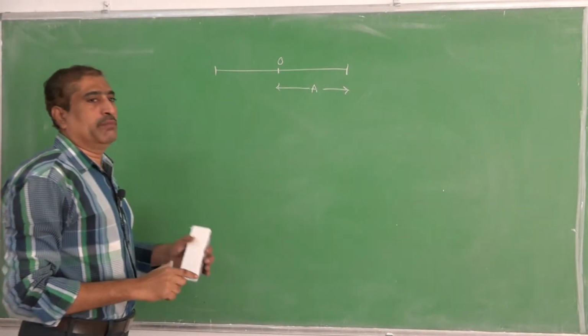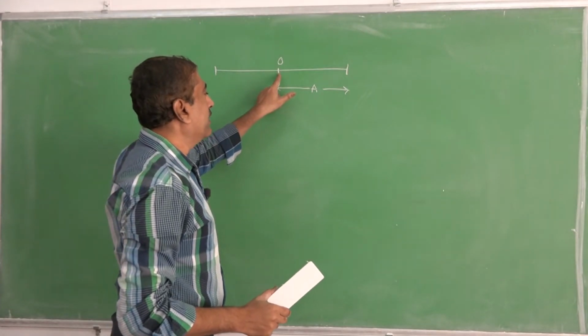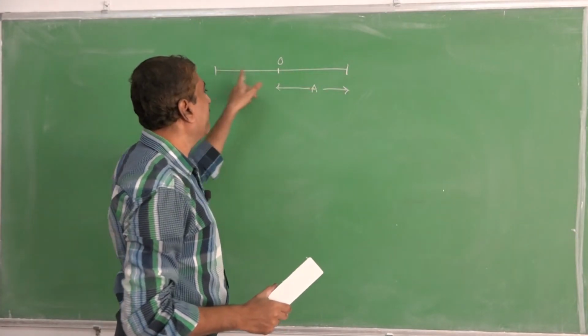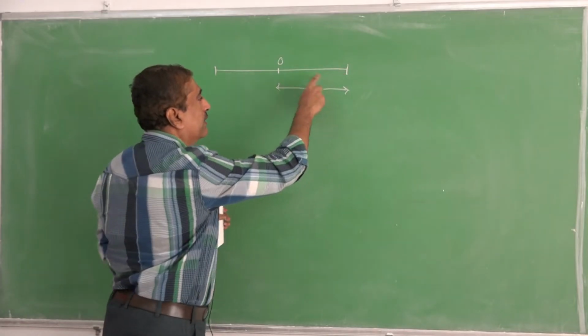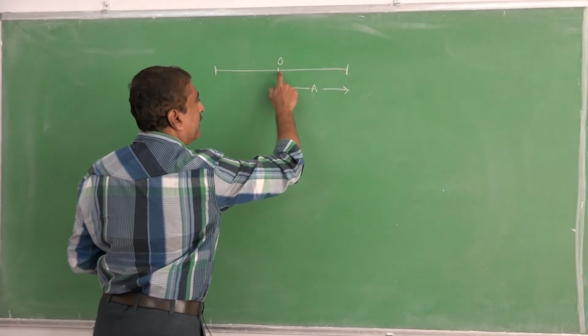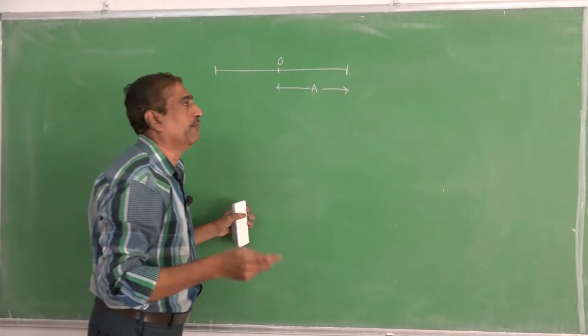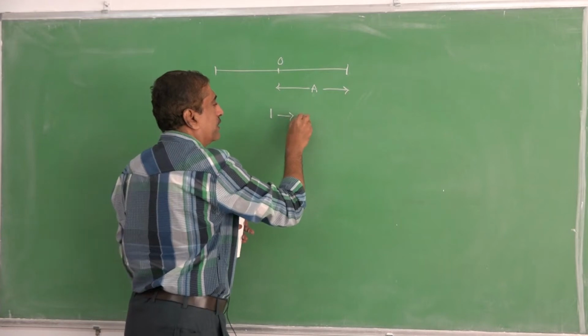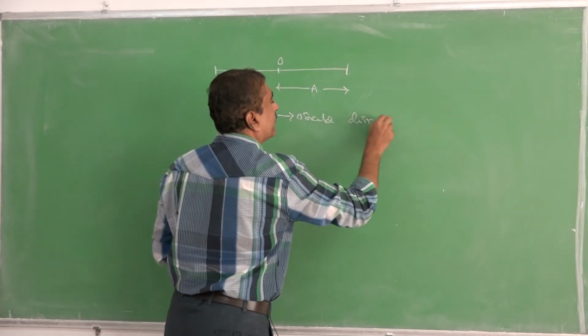Okay. You remember this point that when a particle executing SHM completes one oscillation, then the distance covered by it is 4A, because from here to here A and A, in total it covers a distance of 4A. So, for one complete oscillation, distance covered is 4A.